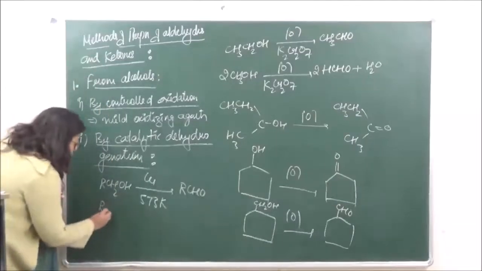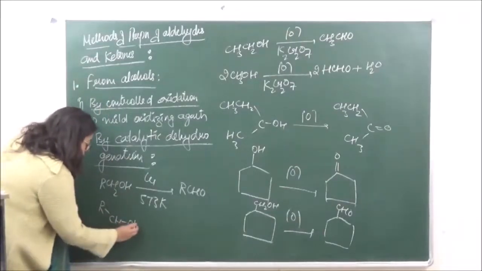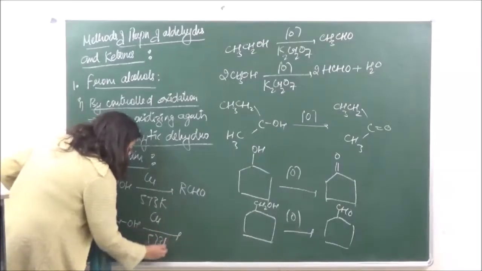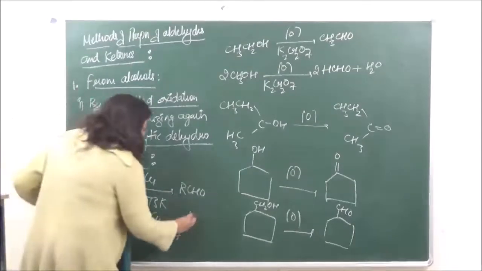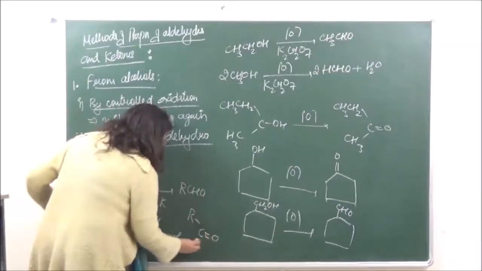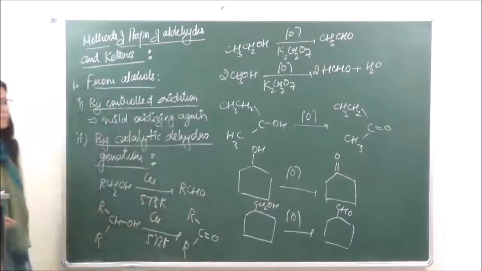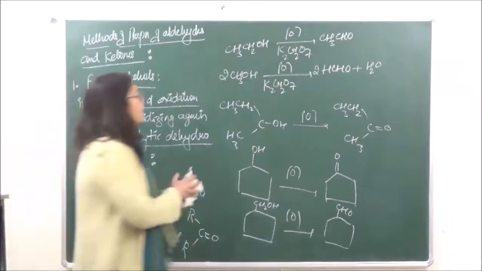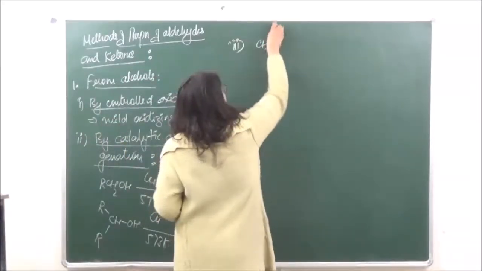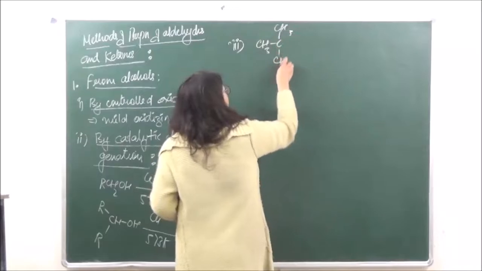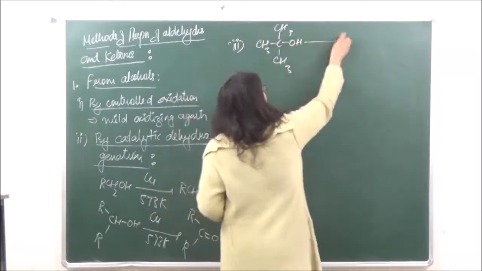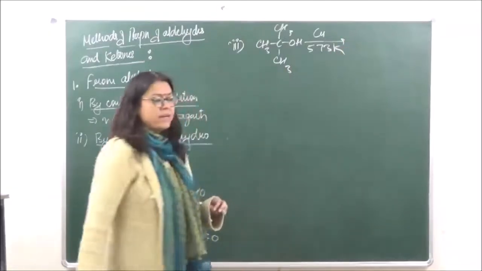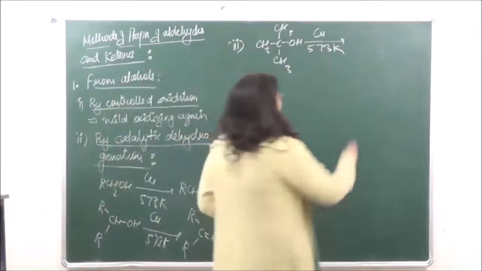If you are taking a secondary alcohol over here, this is going to be converted to ketone. Okay, and if we are taking a tertiary alcohol, copper at 573 Kelvin, it is going to give us an alkene.